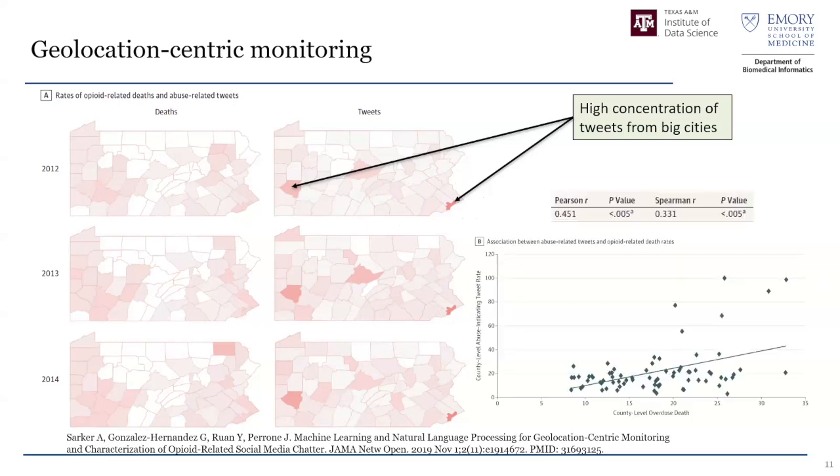What we found was a moderate but significant correlation between overdose deaths and county-level self-reported non-medical use. This was very promising, because it means we can potentially predict or estimate county-level deaths using social media data, which is what we are doing right now.